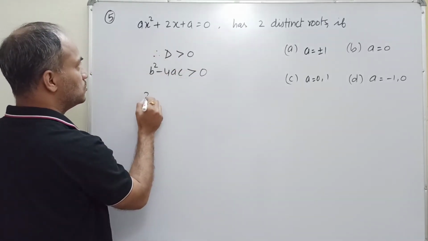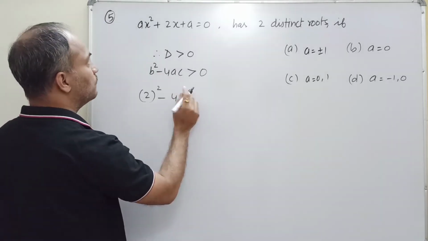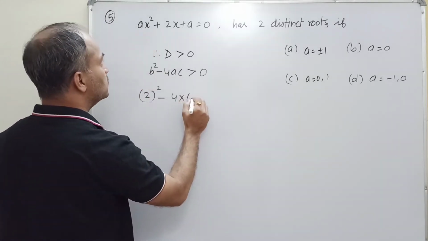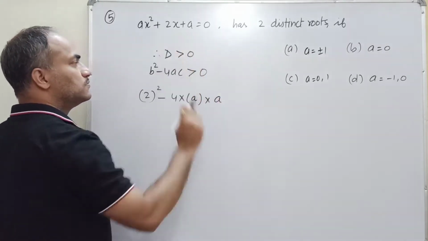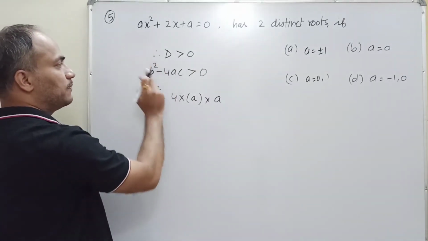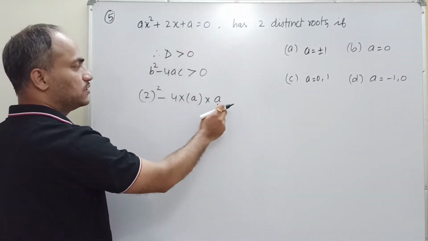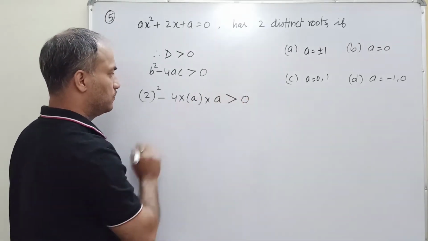So let us put 2 whole square, 4 into a, the coefficient of the first term, this is a only, into c, the constant term. A means the coefficient of x square and c means the constant term. Both are a here. So this value is greater than 0.